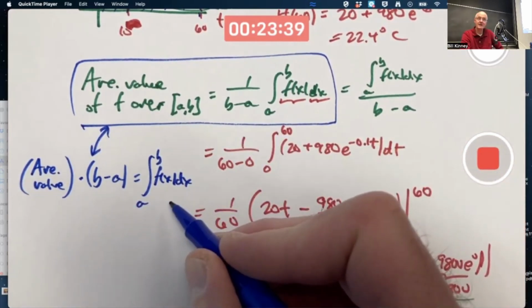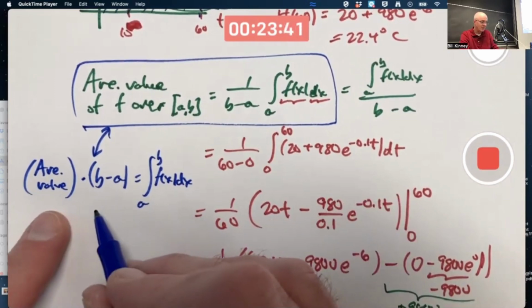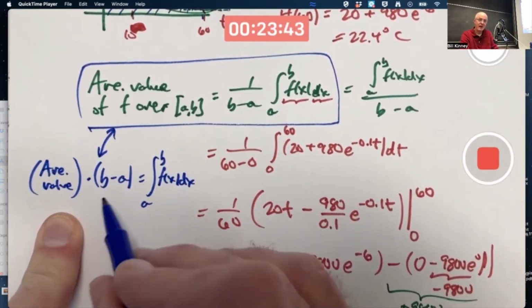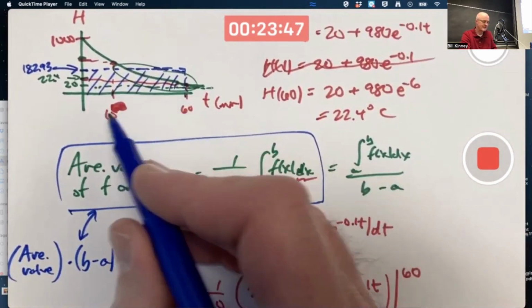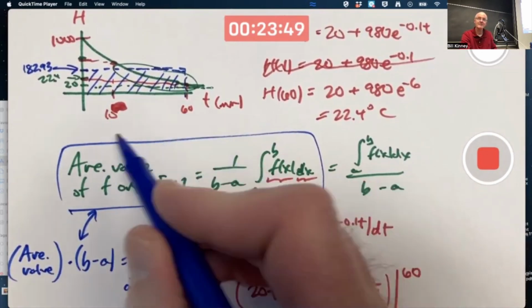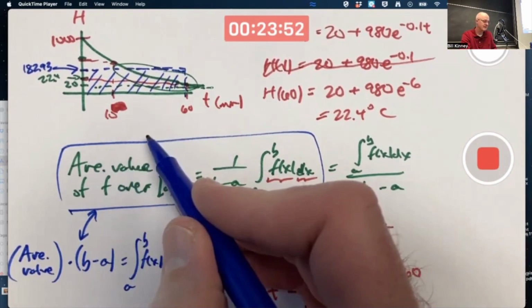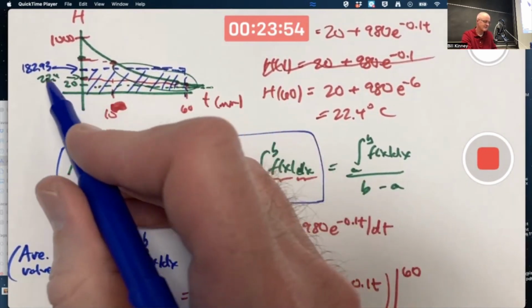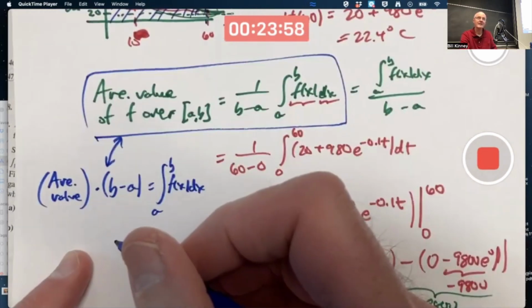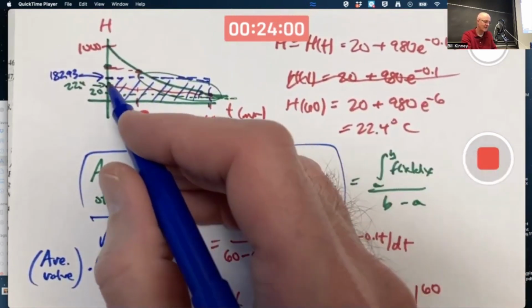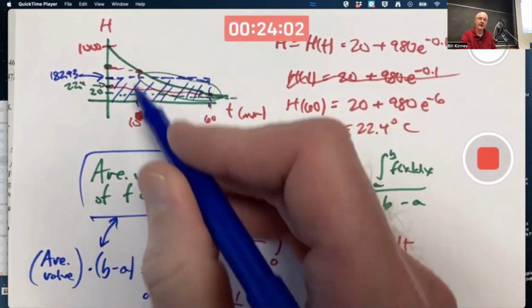The integral is the area under the curve. That product is the area of a rectangle. Base is b minus a, height is average value, exactly what I drew. Base is from 0 to 60 in length. Height is the 182.93. That's the area of a rectangle. The average value is defined so that the area of this rectangle equals the area under the curve.